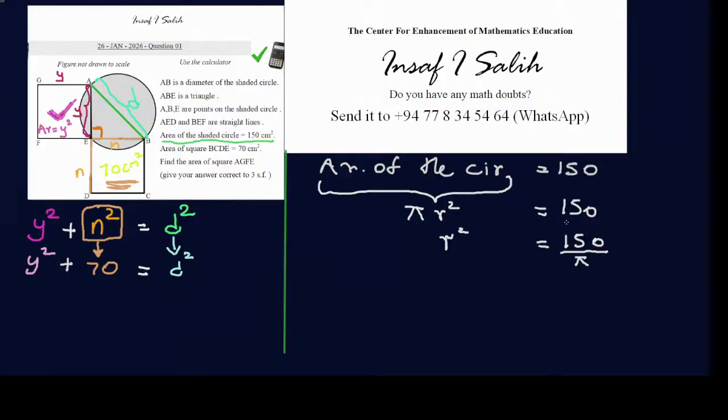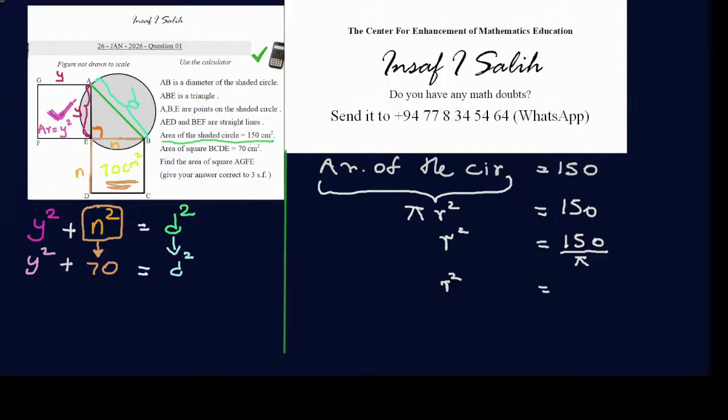So let's use the calculator. R squared is equal to 150 divided by pi. In most calculators, you will see a pi key.